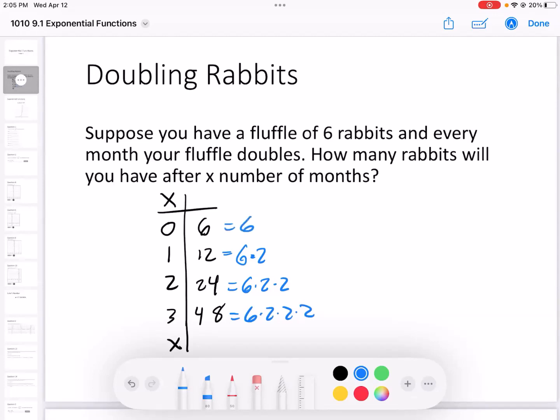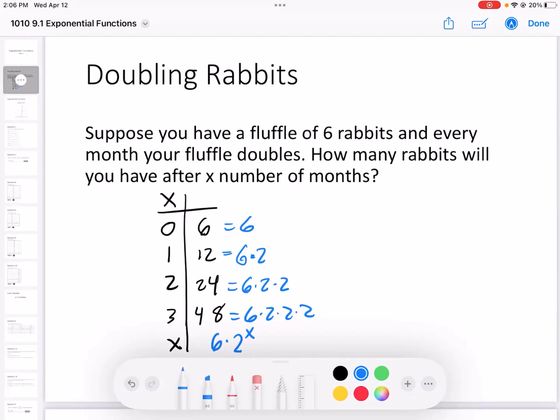When we write it out like that, does that help us find a pattern that we could use to write an equation for the number of rabbits after X months? Yes, the exponent. Exactly. So this expression will tell us how many rabbits we have after X months.